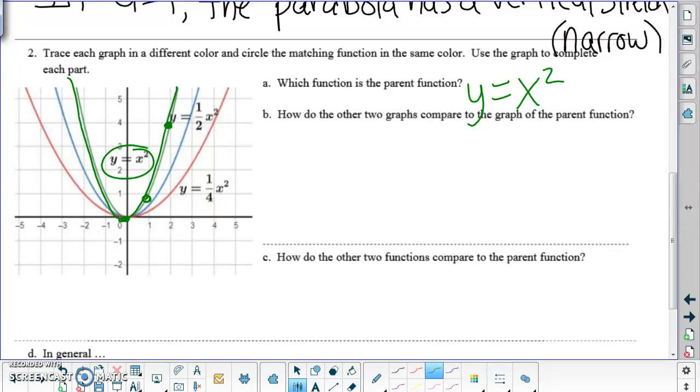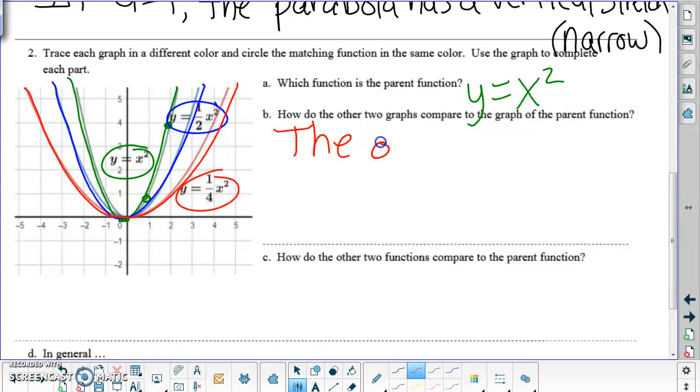So I know the blue one goes with 1/2 x squared. That's the one in the middle. And my red parabola goes with 1/4 x squared. That's the one that's the widest. Okay, so we're going to summarize. Part B says, how do the other two graphs compare to the graph of the parent function? The other two graphs are now wider.